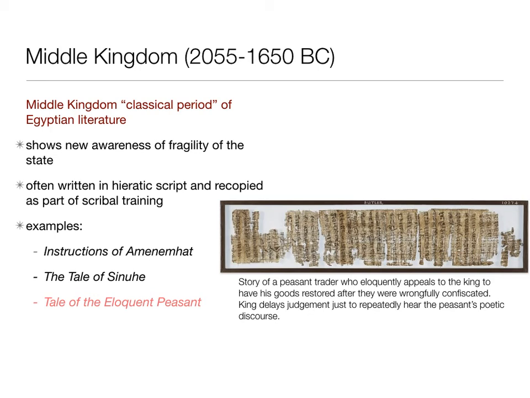He appeals to the king to have his goods restored, and he's so eloquent, he's so poetic that the king keeps putting him off. He wants him to keep talking because he has such a beautiful voice or beautiful way of speaking. And so it's just kind of an interesting story. And he finally lets him go and restores his goods, but it's kind of a famous tale.